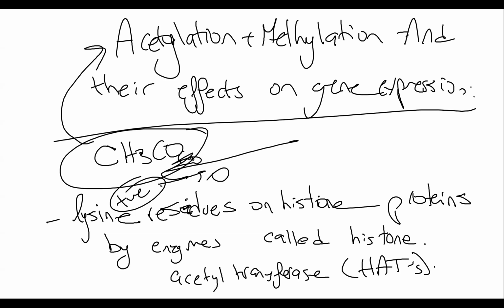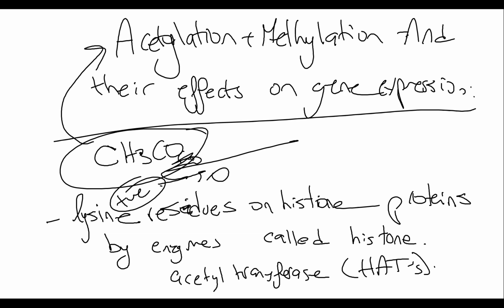And then what happens? The histones will be acetylated, which means we will add this acetyl group to the histones. The moment this acetyl group is added to the histones, this lysine, which has a positive charge, will become neutral, zero charge. If this lysine becomes zero charged, it reduces the interaction between histones and the negatively charged DNA.